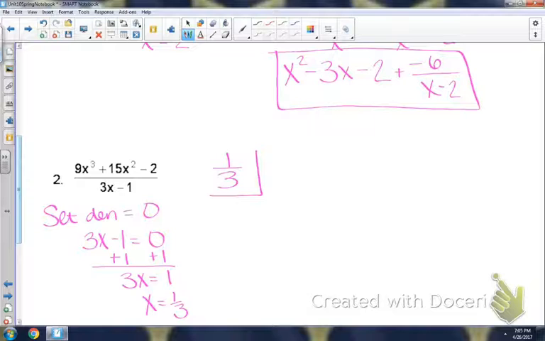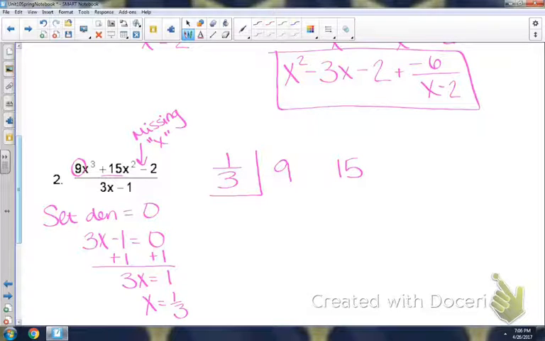Now we're writing our coefficients. We have an x cubed, the coefficient is 9. After x cubed is an x squared, and that's 15. Now, make sure that you're not missing a term. If you start with an x cubed, you should have an x squared, then an x, then a constant. Notice right here, after that x squared should be an x.